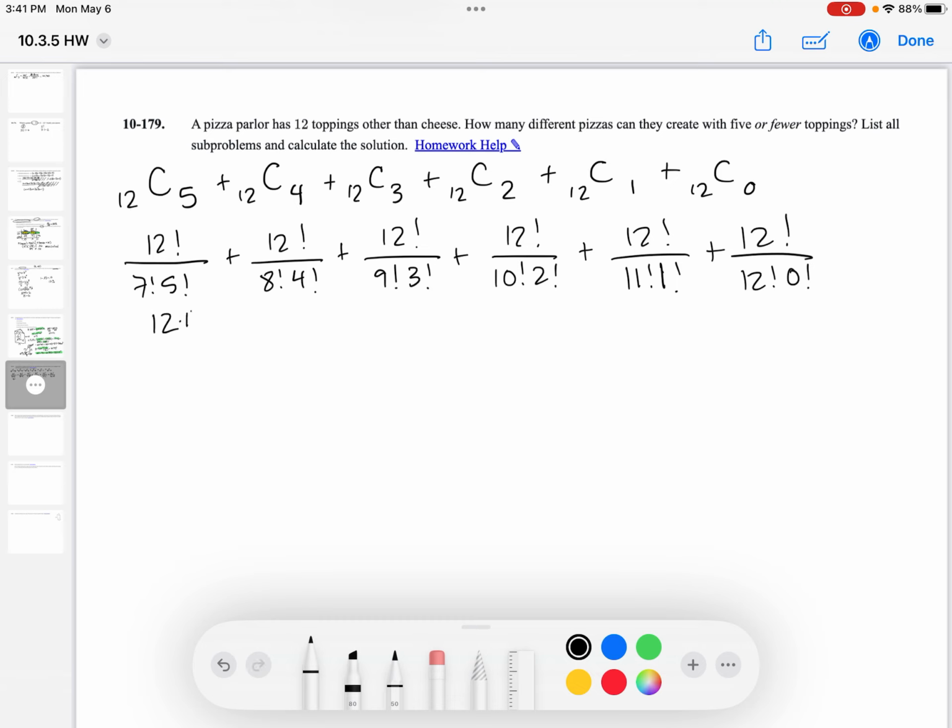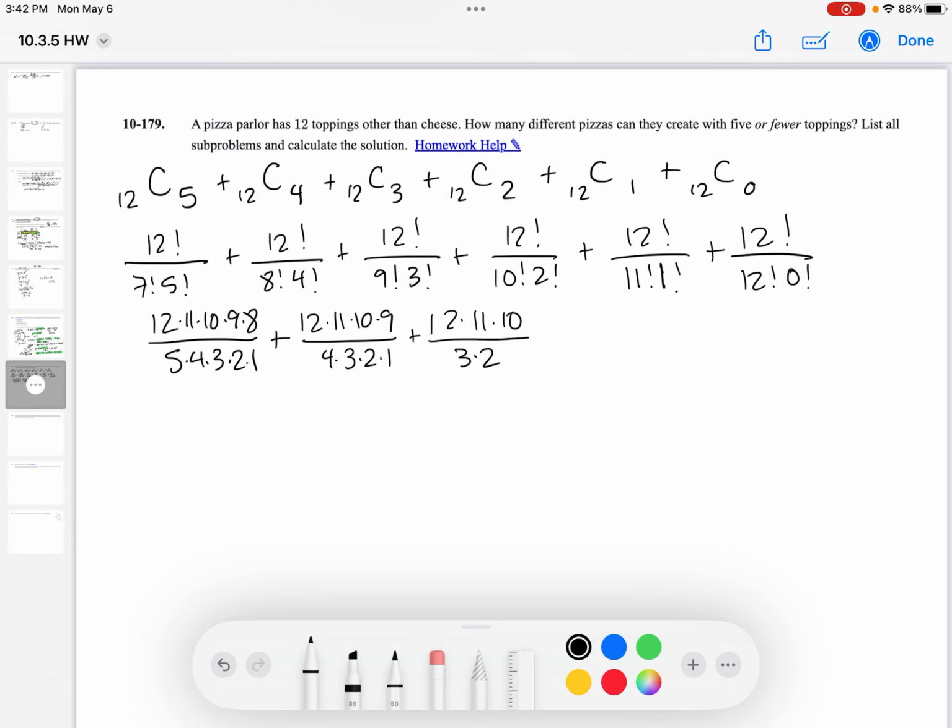Okay, this is like 12 times 11 times 10 times 9 times 8. And then this is going to cancel with all the rest. So that's going to be all over 5 times 4 times 3 times 2 times 1. What do I have here? 12 times 11 times 10 times 9. And then 8 down to 0 is all going to cancel with that. And then in the bottom I have 3, 2, 1. Here I have 12 times 11 times 10, and then 9 to 1 is all going to cancel with that.